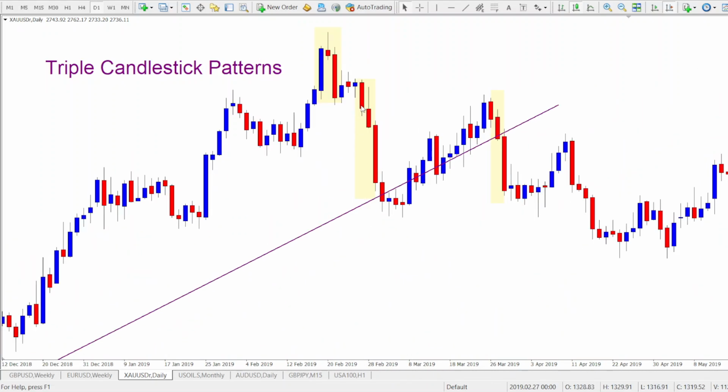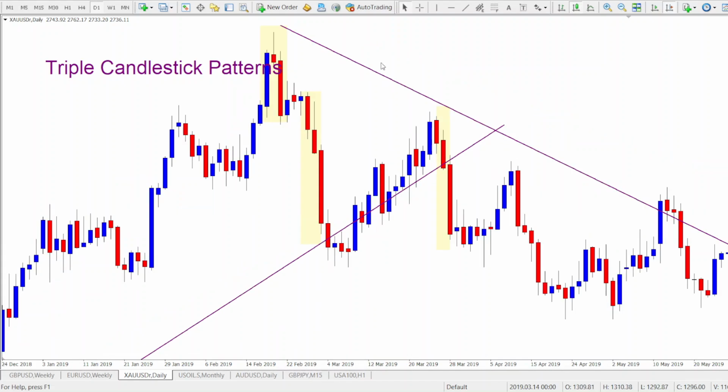And in this case, it seems like the reversal was actually starting. It first of all started with the evening star, and after that we had 3 black crows, and then the bulls tried to gain some momentum, and then we had another 3 black crows form here, and then you can see that lower highs began to form.